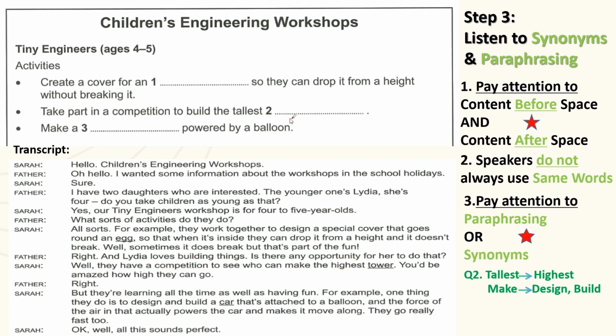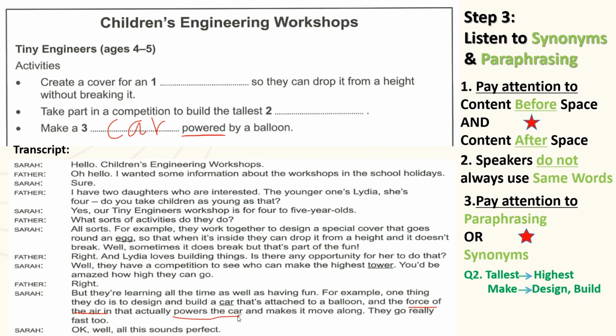Now, let's tackle question 3, which is the most challenging of the 3. Here, powered is a passive verb describing car, meaning the car is driven by force. But in the transcript, the active voice is used. The force of air powers the car.